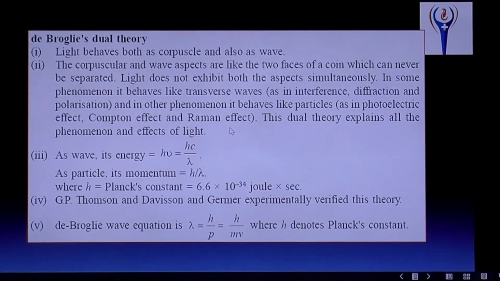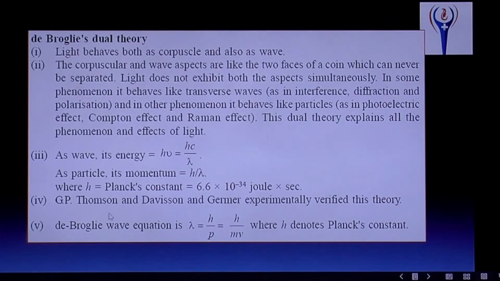These experiments prove light has particle nature. So this dual theory explains all the phenomena and effects of light. As a wave, its energy is h nu equal to hc by lambda. As a particle, its momentum is h by lambda. That is the de Broglie wave.